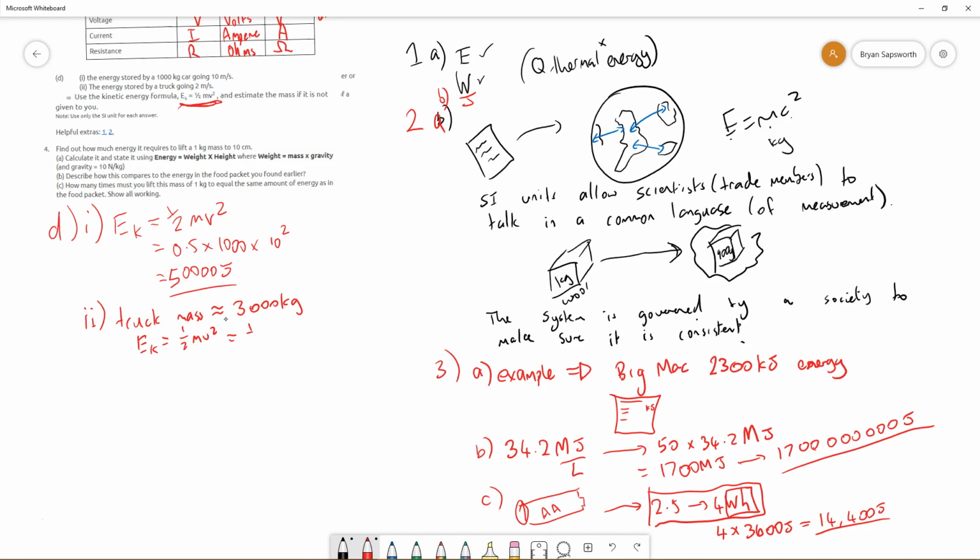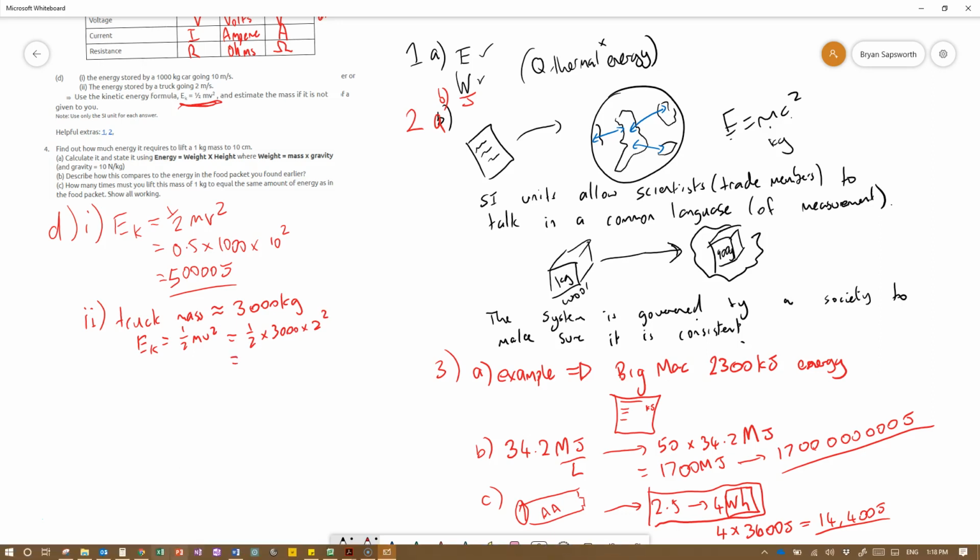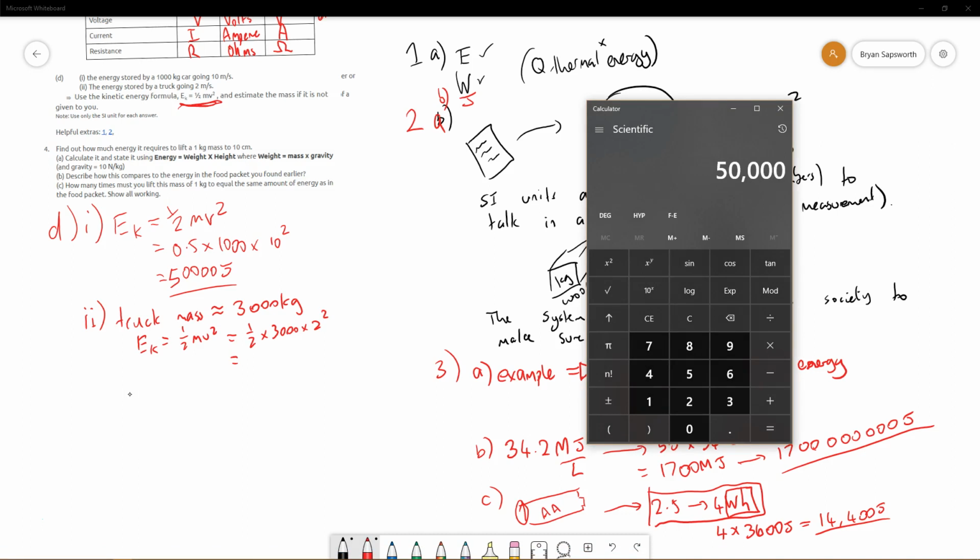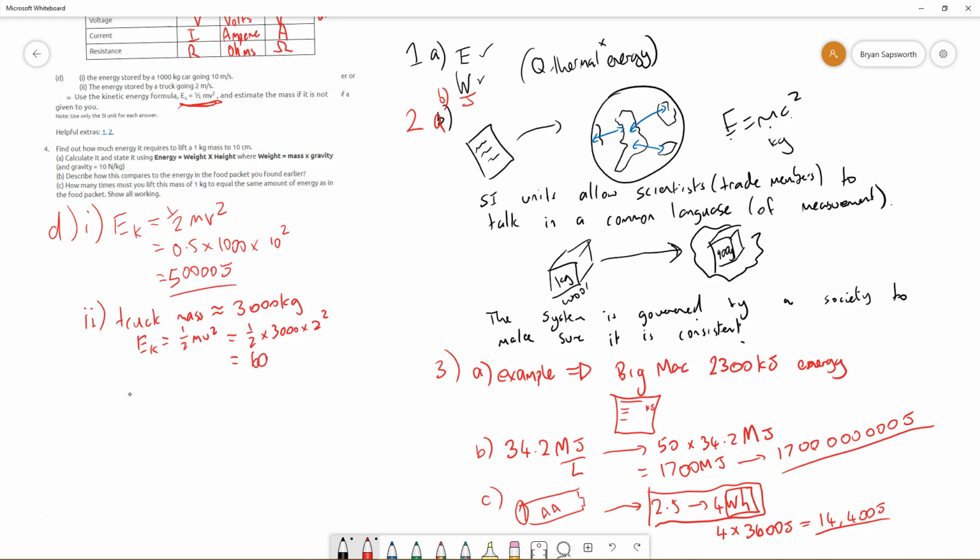And that is going to equal half times 3,000 times 2 squared. So 0.5 times 3,000 times 2 squared. You get 6,000 joules.